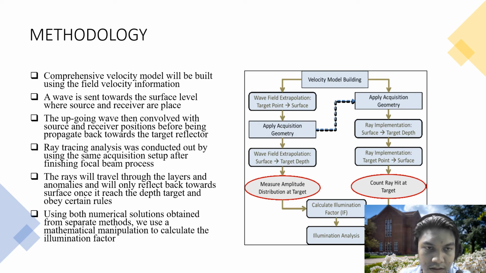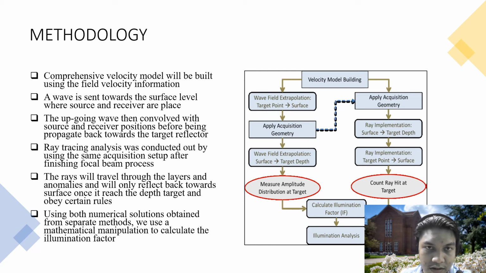Then the ray tracing analysis was conducted using the same acquisition setup after finishing the focal beam analysis. For multiple source positions on the surface, a fan of rays will be shot towards the target depth reflector, and the rays will travel through the layers and anomalies and will only reflect back toward the surface once they reach the depth target and obey a certain rule.